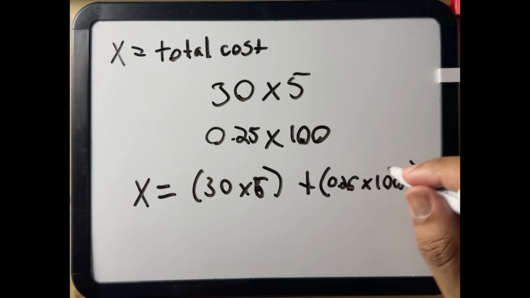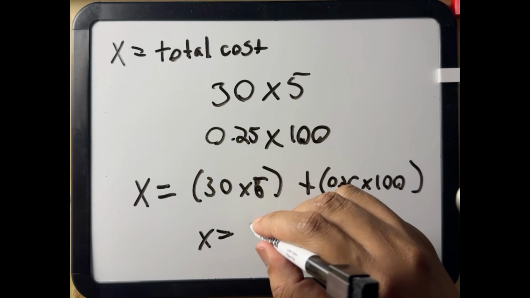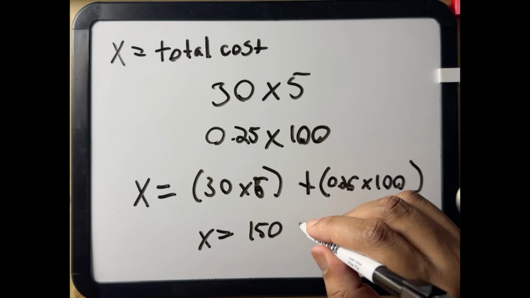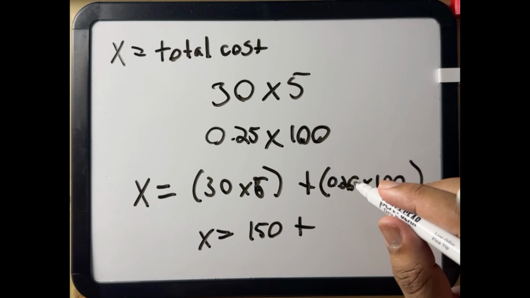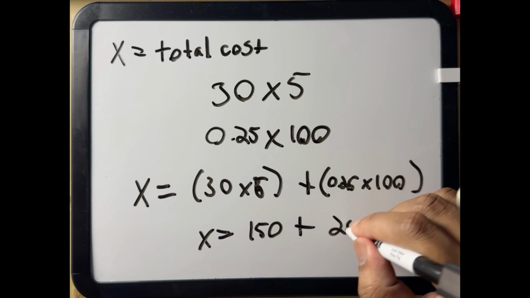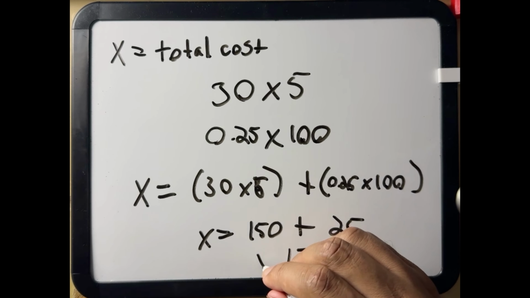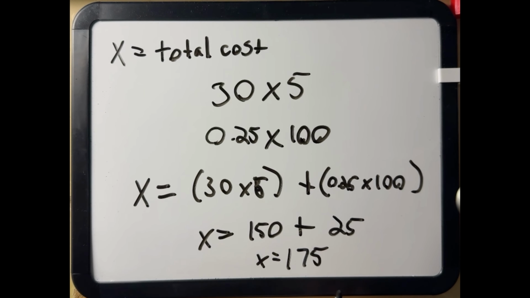We simply do the order of operations now. X equals 30 times 5, 150, plus 0.25 times 100 equals 25. 150 plus 25 is 175. X equals 175. So the total cost is $175.